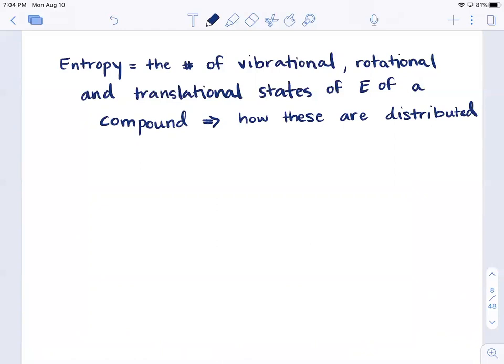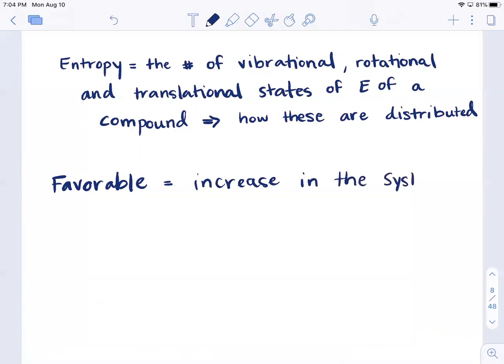But the more space, the more freedom that the molecules have to spread out means more entropy. And so that is favorable, right? What is favorable for us means what should happen. And what is favorable for us is an increase in the system entropy.